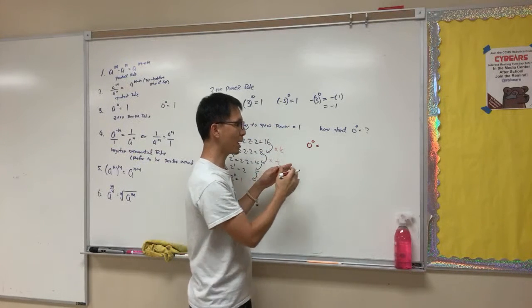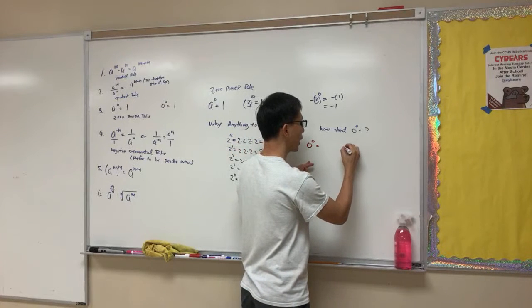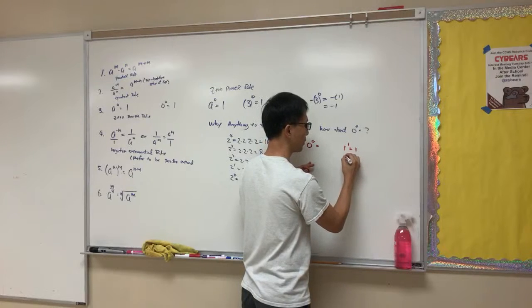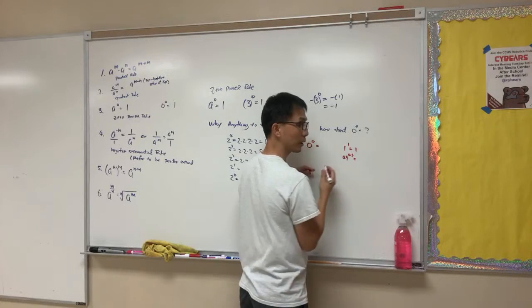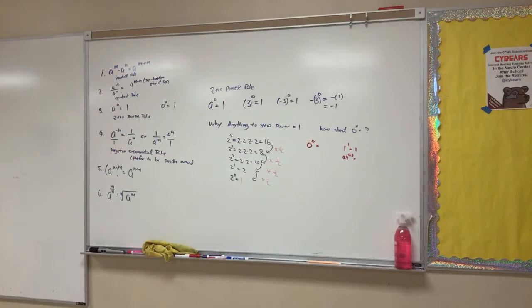So this one, we actually have to use something called the limit process. We're going to use 1 to the 1 power as 1, then 0.9 to the 0.9. So what we're going to do is get a calculator and work it out.